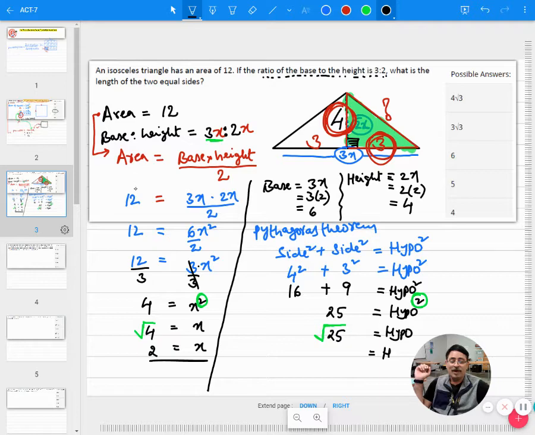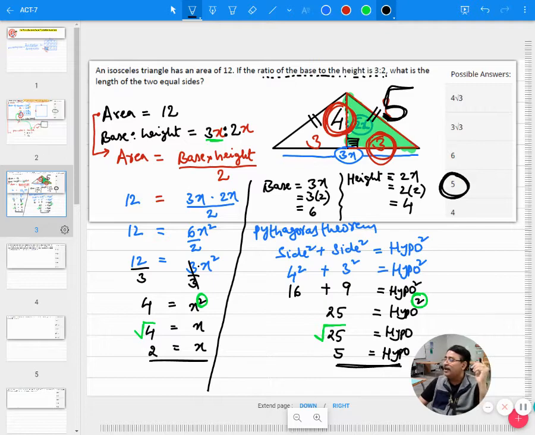So 5 times 5 gives us 25, therefore 5. So the hypotenuse is 5 units. So in this isosceles triangle, the equal sides are each 5 units. Okay, therefore this is the answer. Questions on this, please. You may type in chat box.